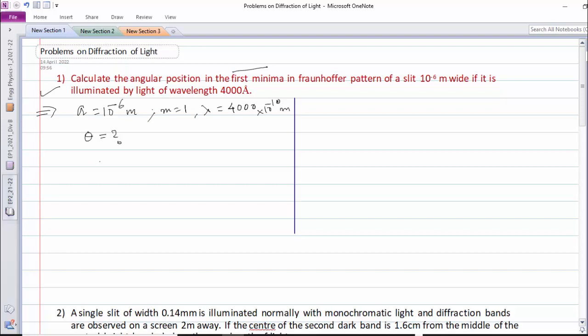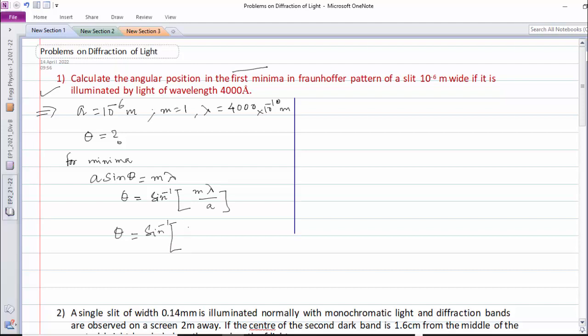So recall the formula. For the minima position we have a condition, a sine theta equals m lambda. From this formula we can write theta equals sine inverse of this.